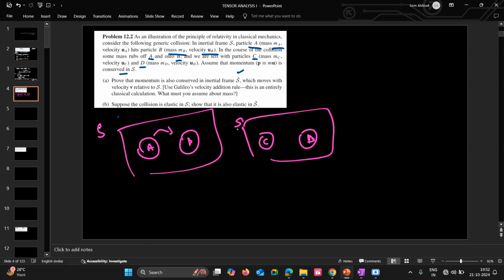So the momentum is conserved in S. Okay. So if momentum is conserved in S, we can put the momentum before collision.